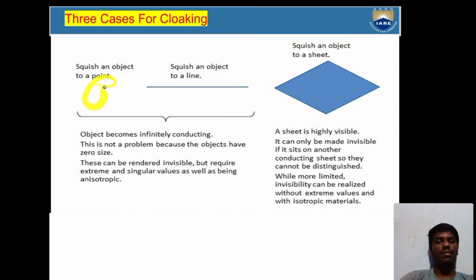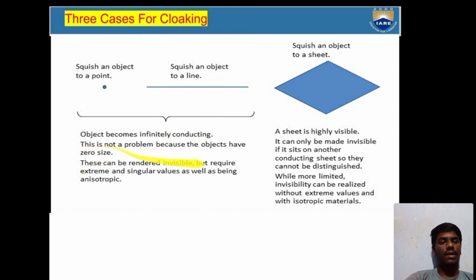Here we took a point in space, and in 2D we take a line. It has length and height, and we can assume the thickness as 0. For the point and the line, the object becomes infinitely conducting.